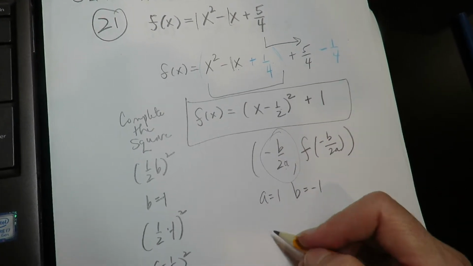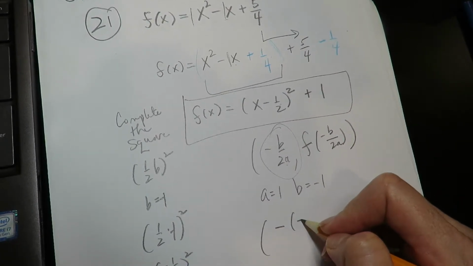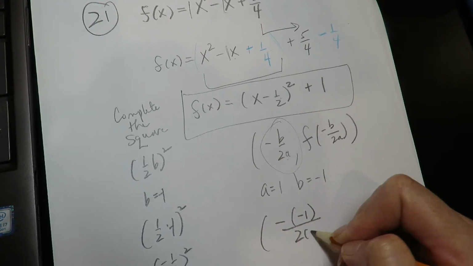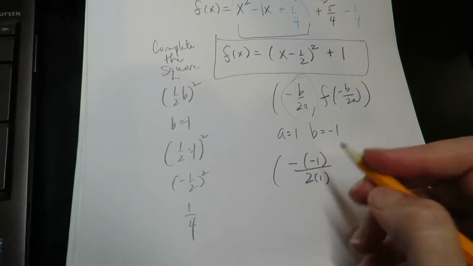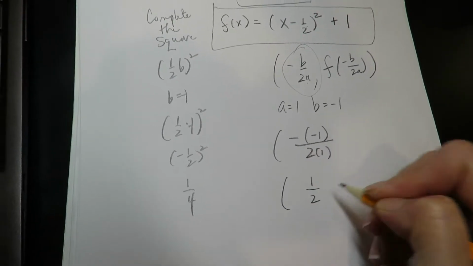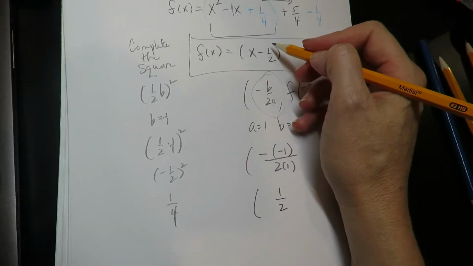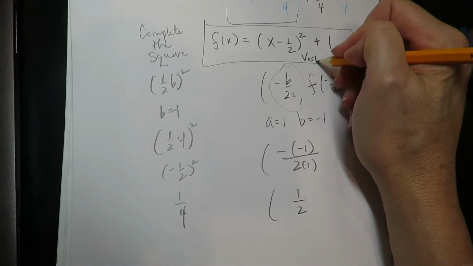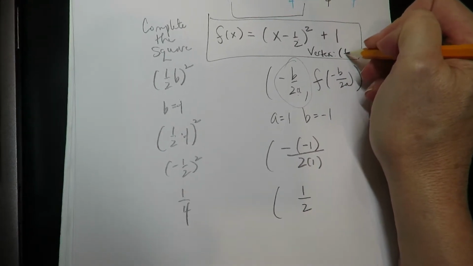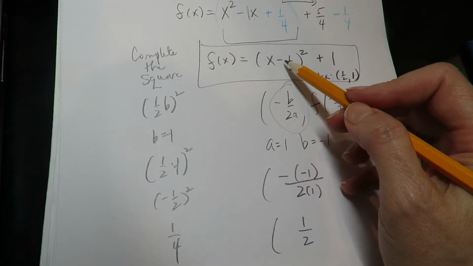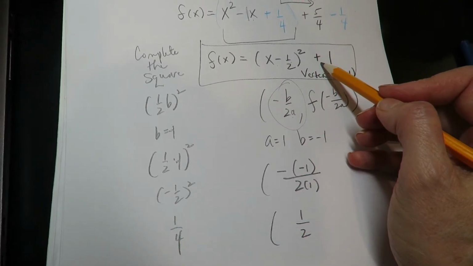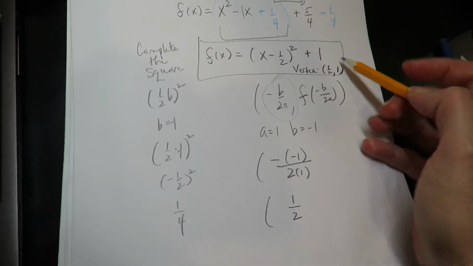So I'm first going to figure out negative B over 2 times 1, which is a 1/2, which we already knew. Oh, I should have written the vertex after I put it in the form. So the vertex here is a 1/2. Right, it's opposite sign of the inside, same sign as the outside, which gives you that.